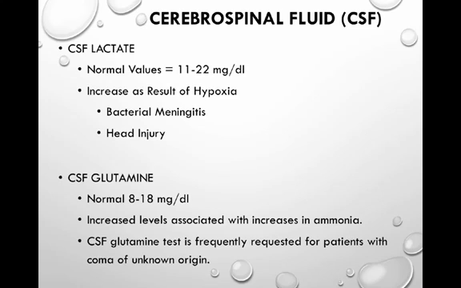Glutamine can no longer be produced to remove the toxic ammonia, and a coma may result. So the CSF glutamine test is frequently requested for patients with coma of an unknown origin.